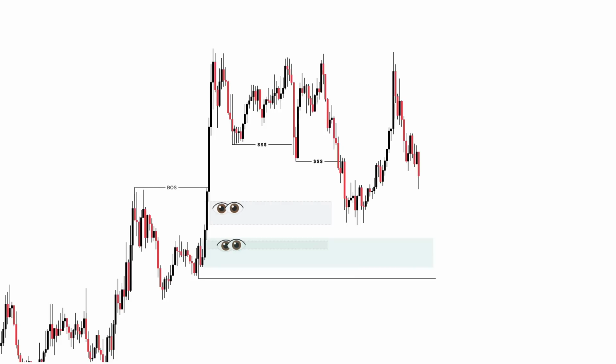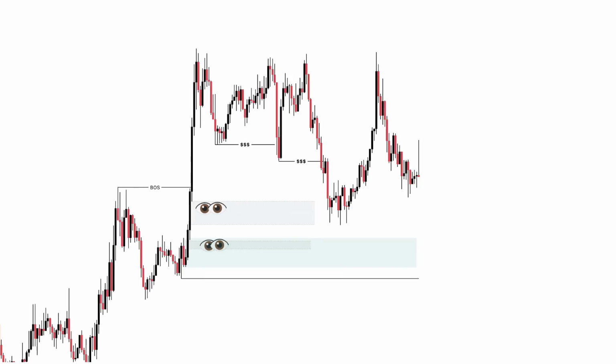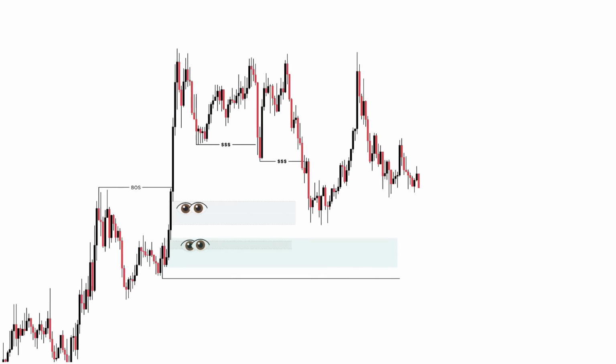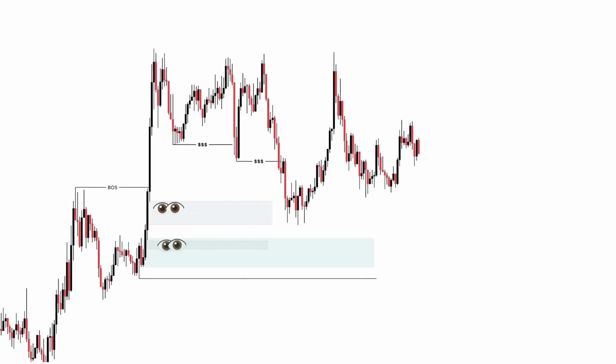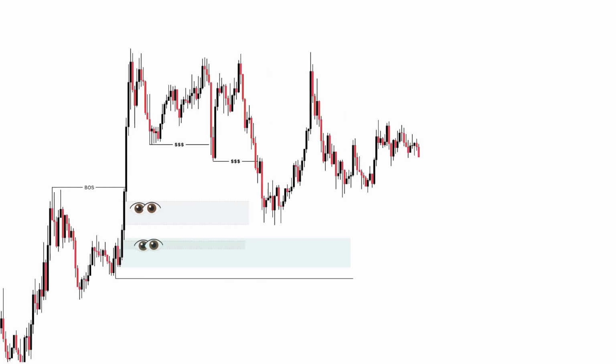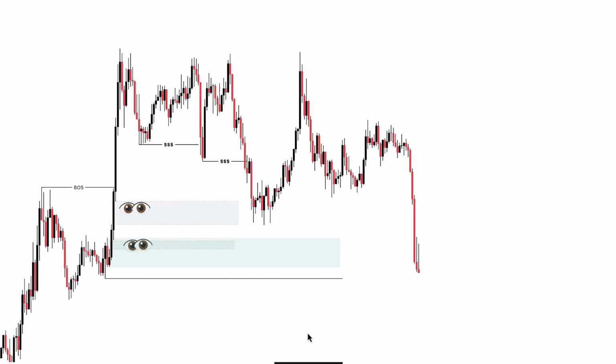So we are waiting for eye level 3. I mean eye level 2. All right. So you see, price is now reacting. See what price is doing now. Price quickly traded down toward eye level 2.